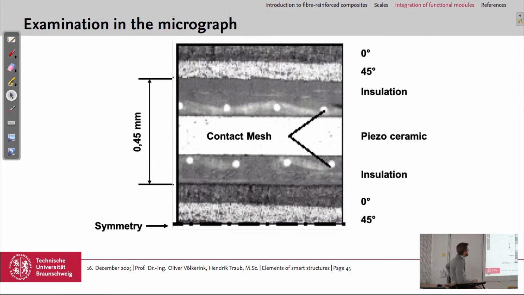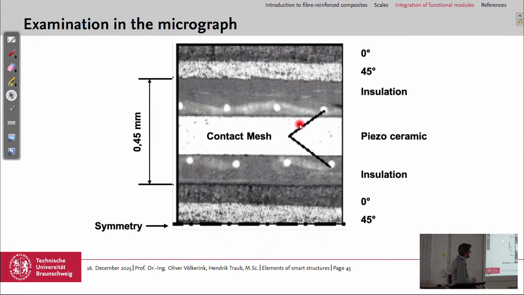How did it look like in a micrograph? So these are 0.45 millimeters. We have here the plies from the fiber composite, the 45-degree ply, and here's the 0-degree ply. With again here 45-degree ply and 0-degree ply, and here in the middle is the functional element.